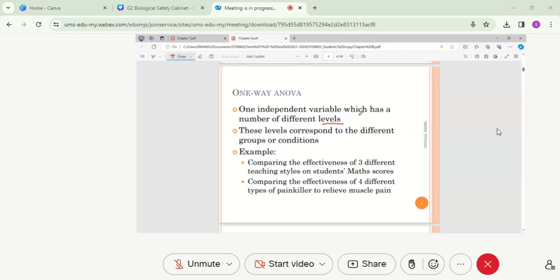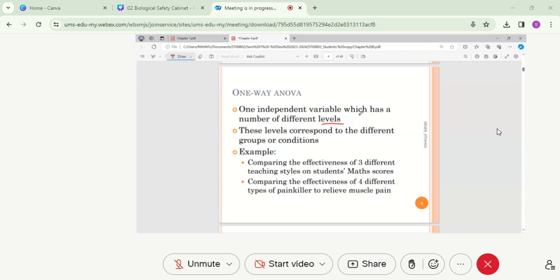Maybe there are 3 different teaching styles from 3 different lecturers. Since you have 3 groups, you cannot use t-test. You need to opt for one-way ANOVA. Why one-way ANOVA? Because you only have one categorical variable, which is the teaching style.